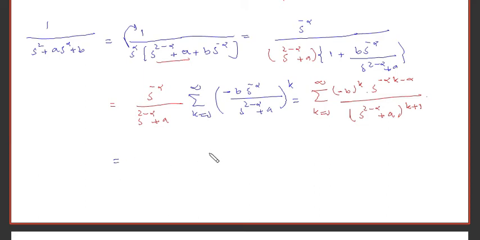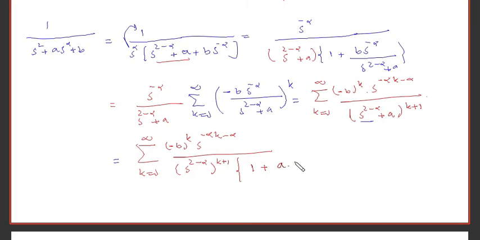It's good now, but we need to take a little more factor common. From the denominator I'm again going to take this whole factor as common, so this becomes the summation k from 0 to infinity of minus b to the power k, s to the power minus alpha k minus alpha, and in the denominator I will take s to the power 2 minus alpha common, and since it is coming out of this whole term which has the power k plus 1, this factor also has the power k plus 1, and what is left here is 1 plus a times s to the power, in the denominator, 2 minus alpha.